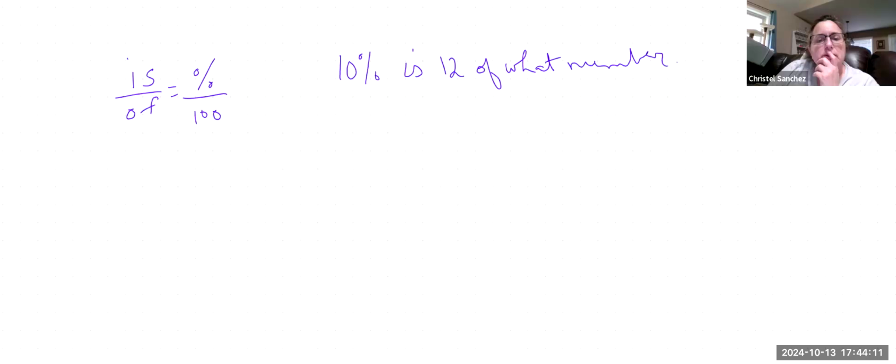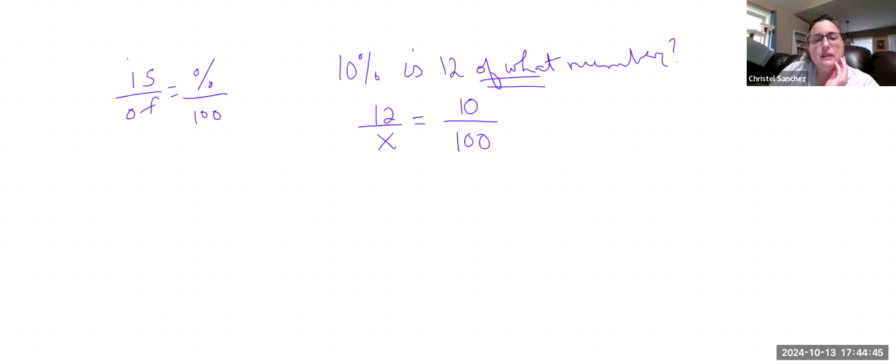Okay. So if we're using our formula, remember our hundred's always going to go right here. So 10%, this is giving us our what? Our percent. 10% is 12. So do we have our is? Yes, is 12. And then it's asking us of what? So do we know what our of is? We do not. So that's going to be our x.